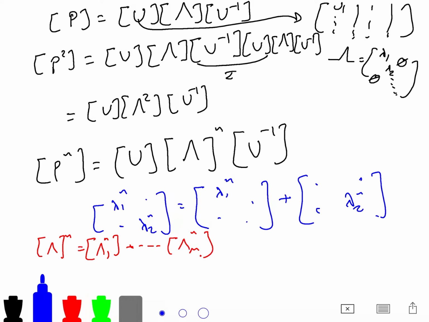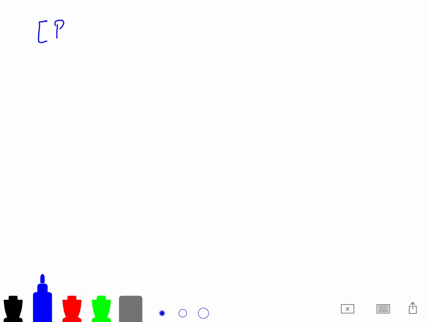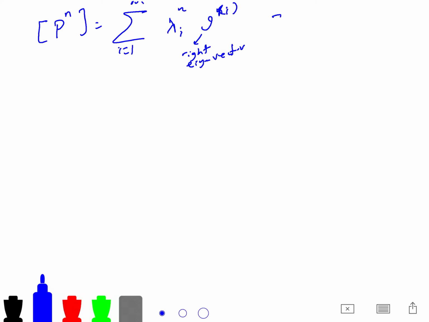Using these, you can now write the nth power of your transition probability as the sum of lambda i to the n, nu i, the right eigenvector, and i goes from 1 to m. And pi is, as I showed you, the left eigenvector.